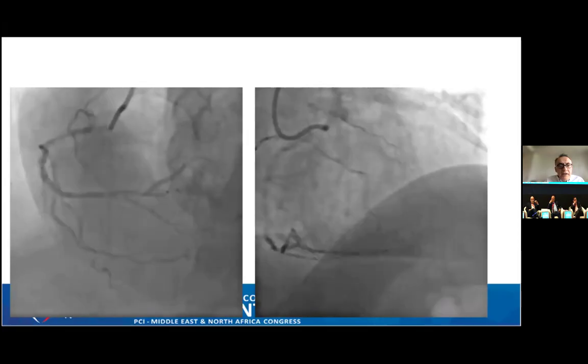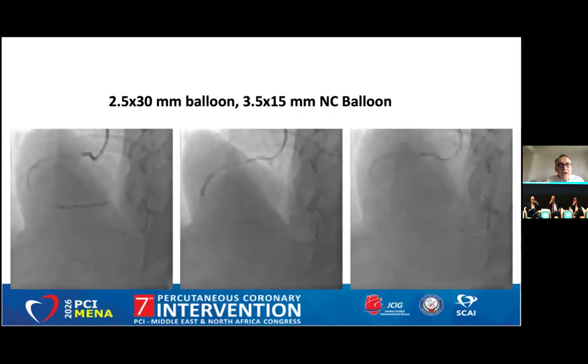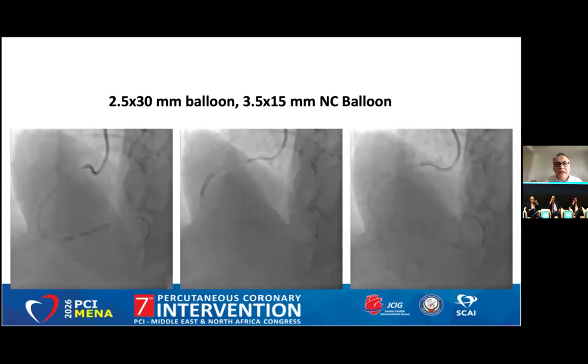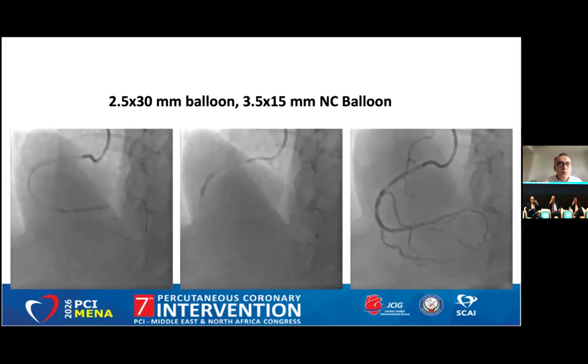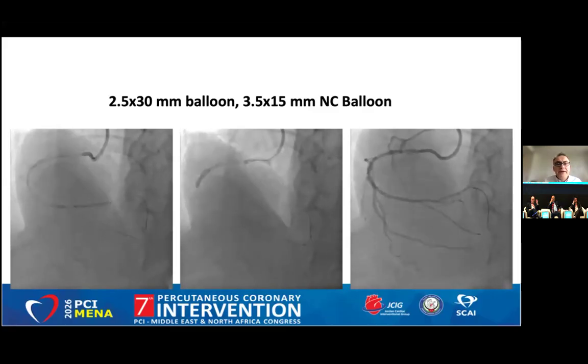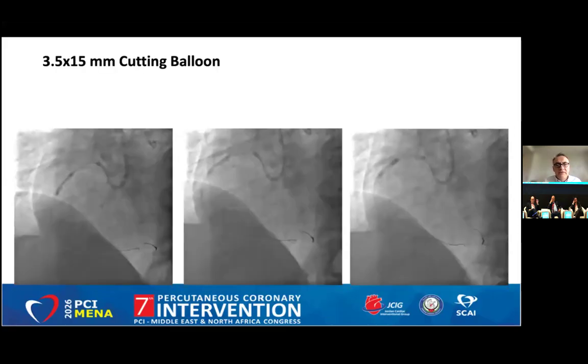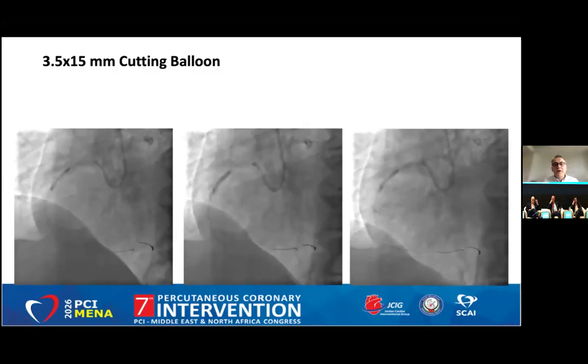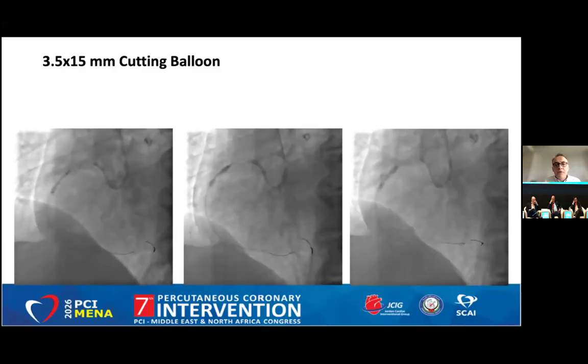But I think in these patients, if we do good preparation of the vessel, we have a chance to actually do DCB. Here we used a 2.5 by 30 millimeter balloon, and a 3.5 by 15 at the proximal. We used a cutting balloon here to have less dissection. We used a lot of scoring balloon before the DCB.